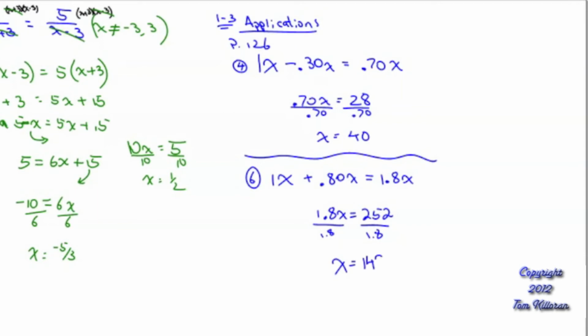140. Okay. Now, these two problems are extremely important to understand. This first one up here, anytime you see sale price, 30% off, 20% off, that's the setup for it. It's going to be a subtraction, which will give you some nice little decimal. This one down here is for tax.